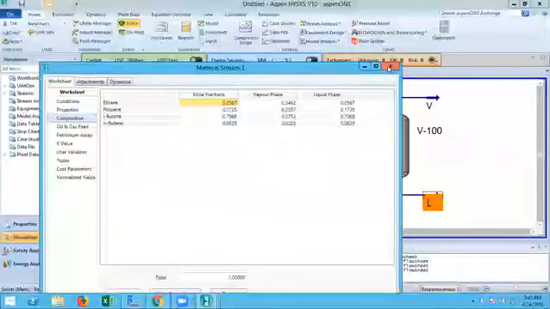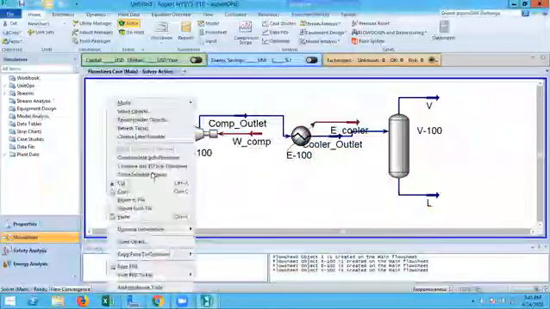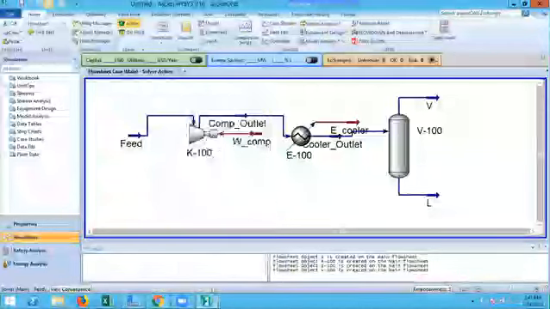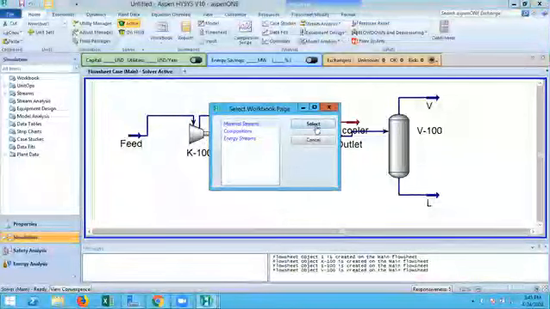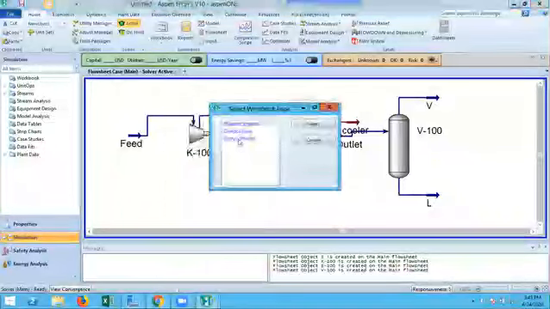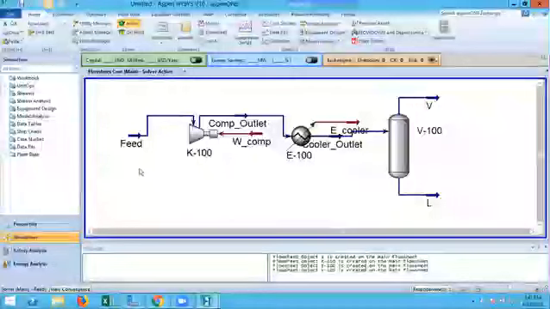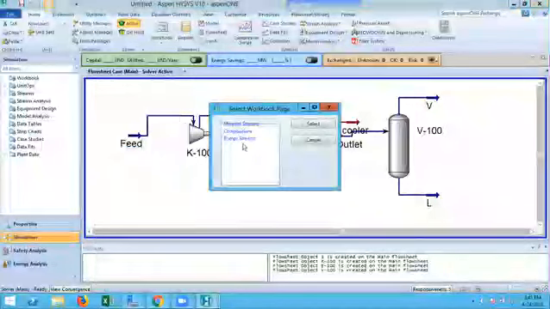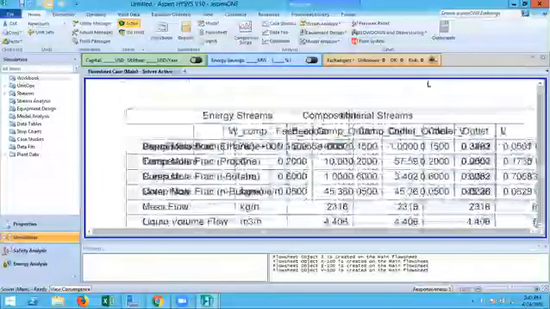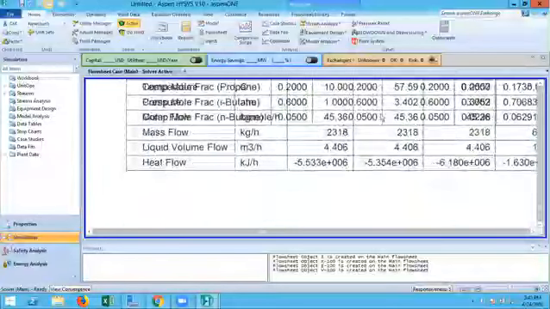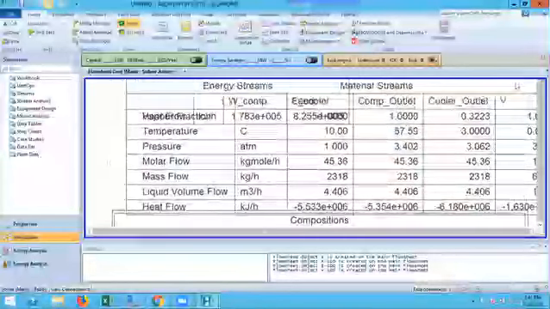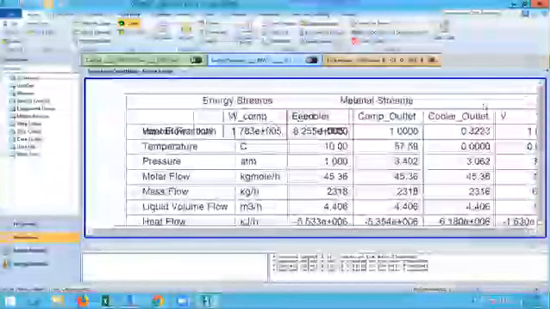Okay, so this completes this example, and also you can add a workbook table. So right click here and add work table, and you can add the material stream, the composition, and also the energy stream, and you can see all of them in tables below.